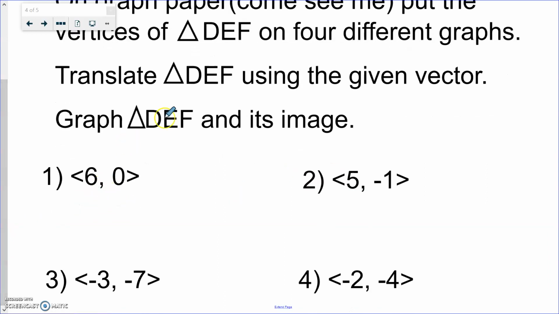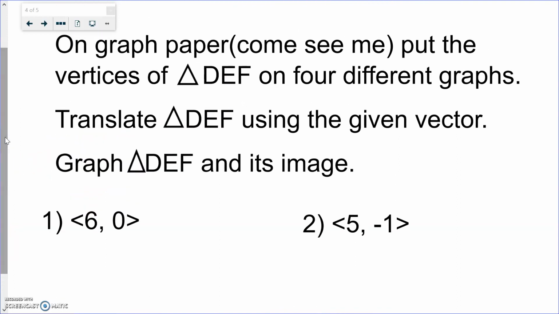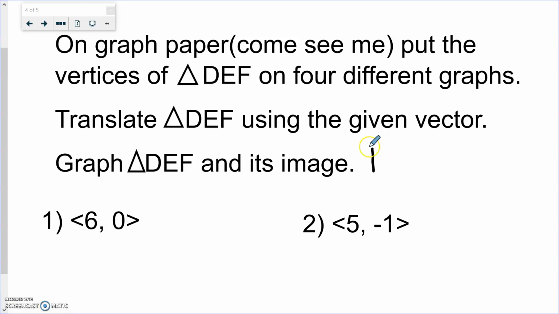So we're going to be putting the original points, and so the points that we're going to use are D is at 2, 5.